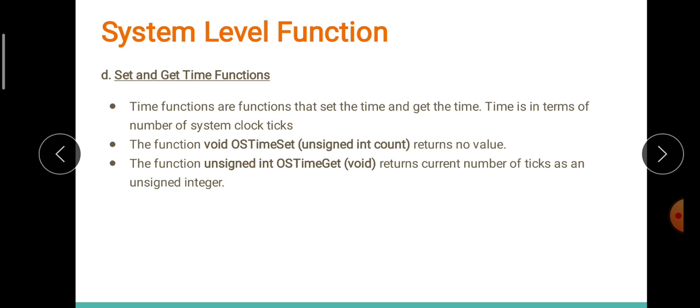So the system level functions were based on initializing the system, handling the ISR, and for handling the ISR you had different techniques, the lock and unlock technique, and finally the set and get time functions. All these things were handled in the system level functions in a micro OS. So this session was about MUCOS, or the micro OS.